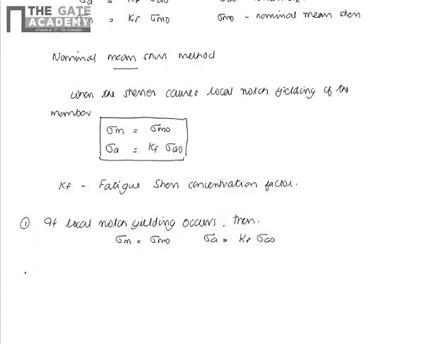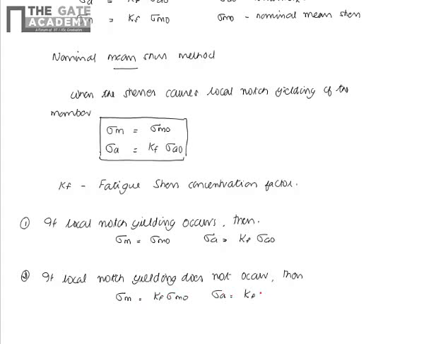This is the first case. In the second case, if local notch yielding does not occur, then sigma m equals Kf into sigma m0, and sigma a is equal to Kf into sigma a0.